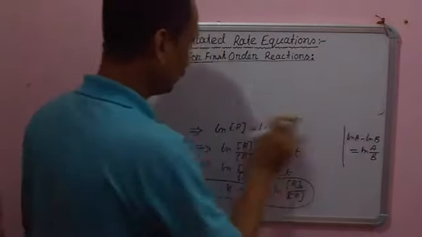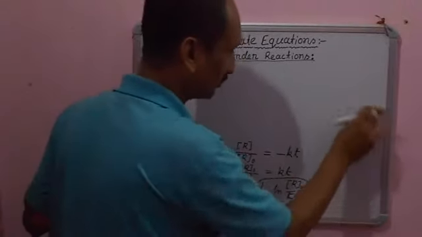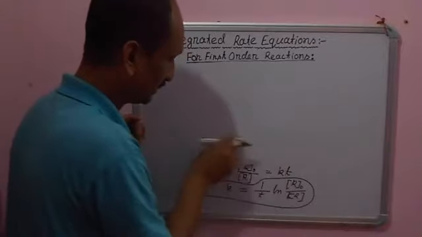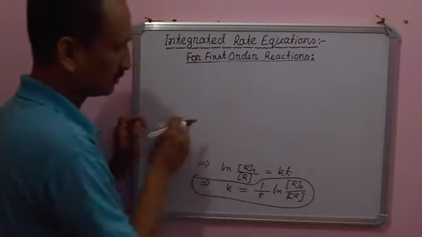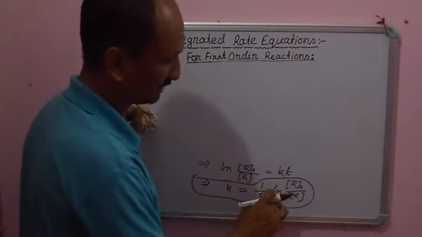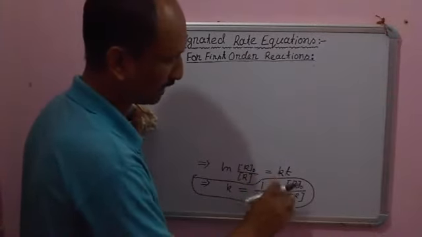Now ln we can convert to log by multiplying it by 2.303. So that you have to know. If you multiply ln by 2.303, then it will convert to log.